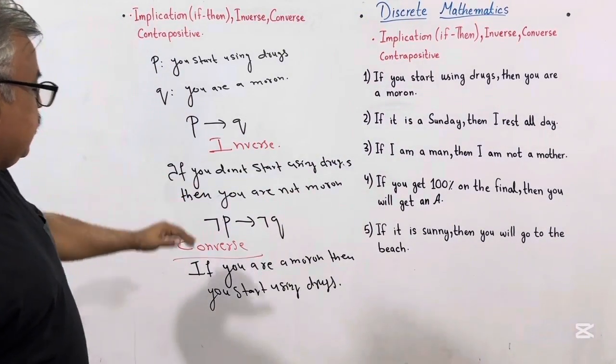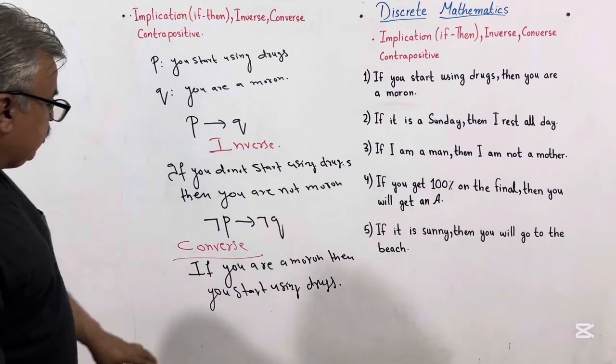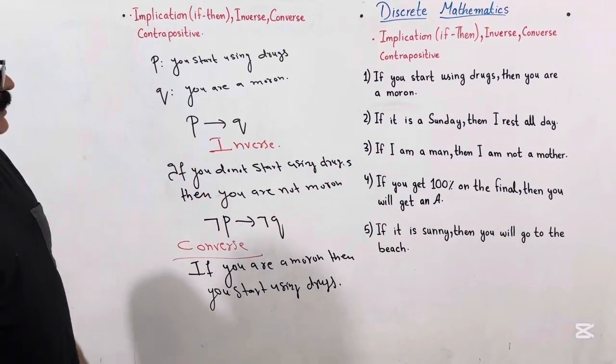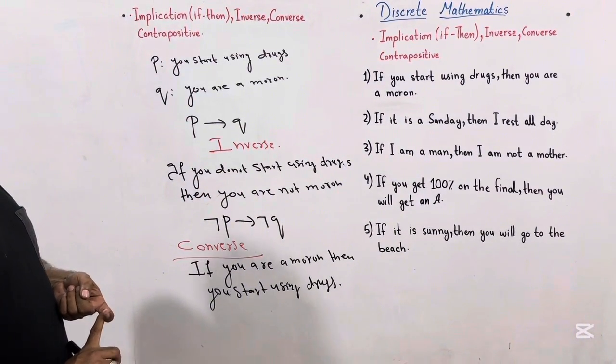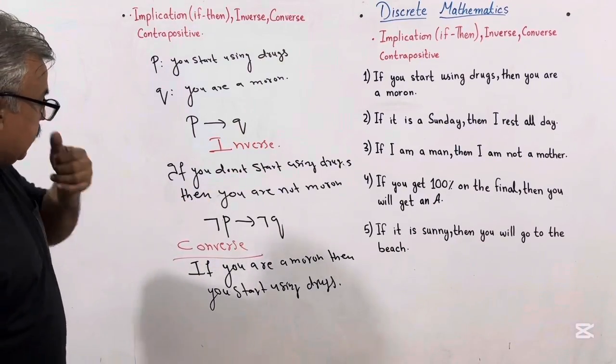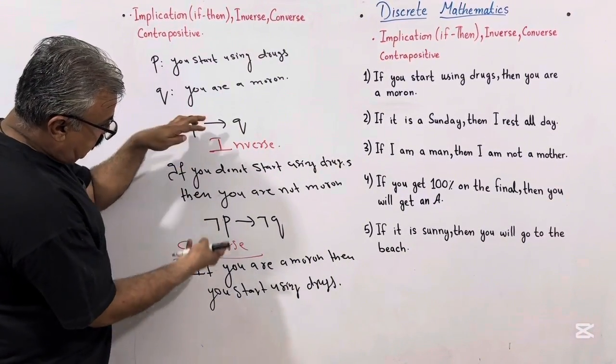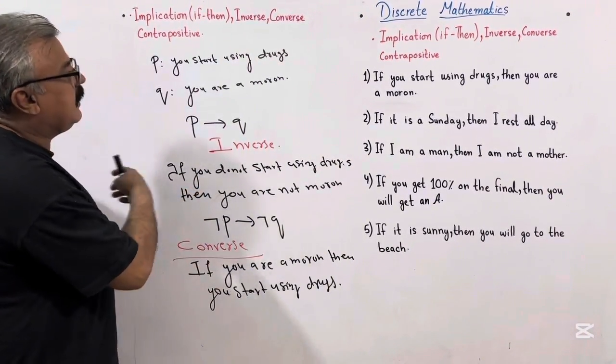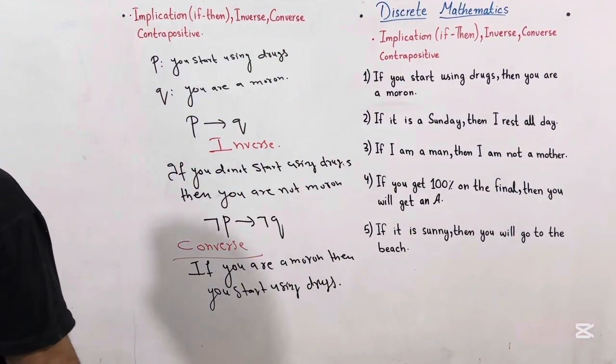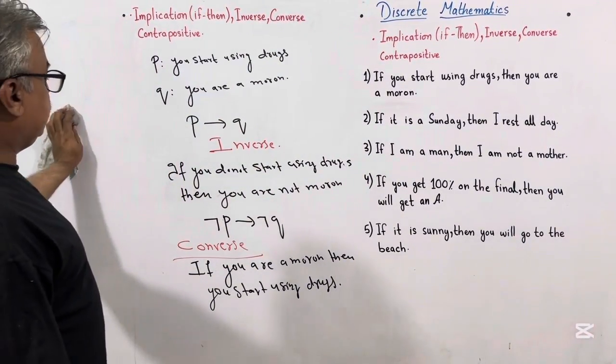What about, finally, the contrapositive? The contrapositive is a combination of both of these, inverse as well as converse. Blend both of these. Let me make some space for myself, then I am writing.